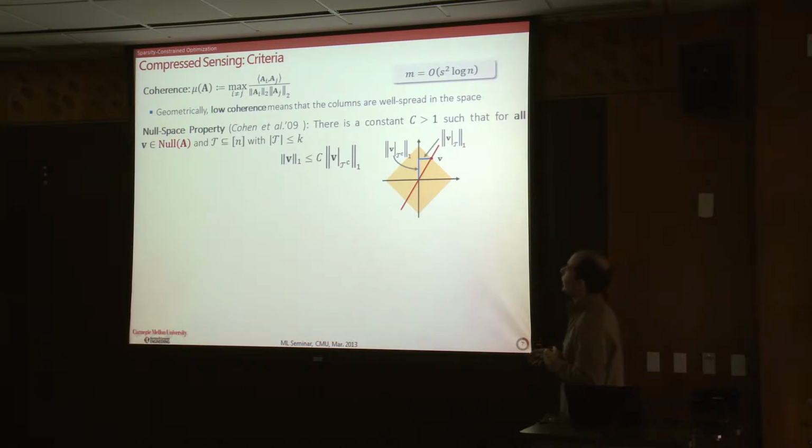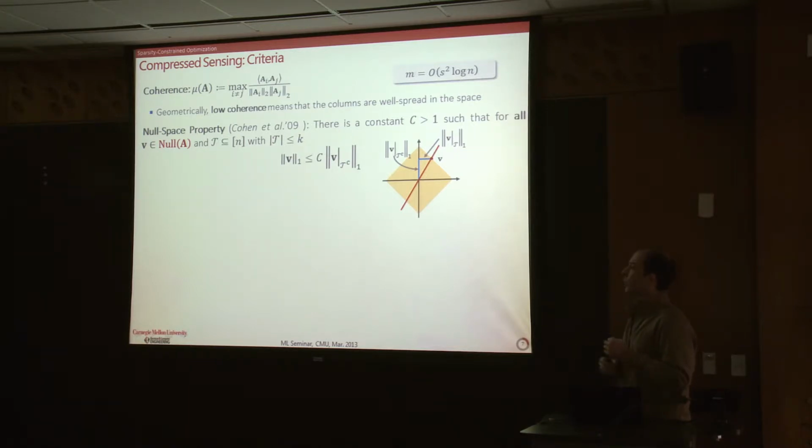There's another criterion used for proving the accuracy of the algorithms, which is called the null space property. In some way, it's a necessary and sufficient condition, if you don't have noise, for the convergence of the L1 or convex methods, the methods that use L1 sparse estimation.